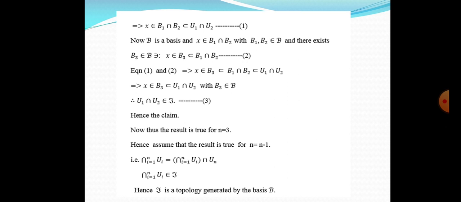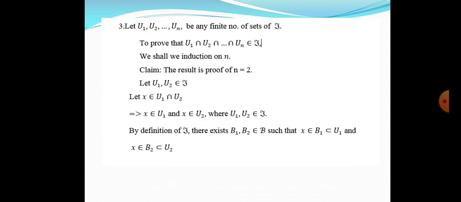That implies x belongs to b3, a subset of u1 intersection u2, with b3 belonging to B. So since u1 intersection u2 belongs to tau, the intersection of any two elements belongs to tau.